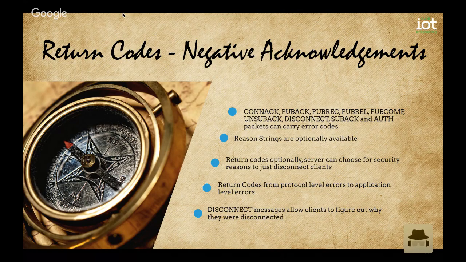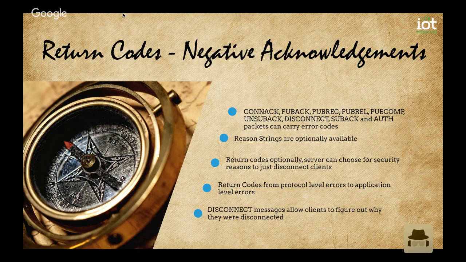Most of them are error codes, and all client and broker implementations must have the ability to react to these return codes. So if you're a client and the broker disconnects you because you were, let's say, idle for too long, then you have the possibility on the client side to adjust the interval for sending heartbeats, for instance.